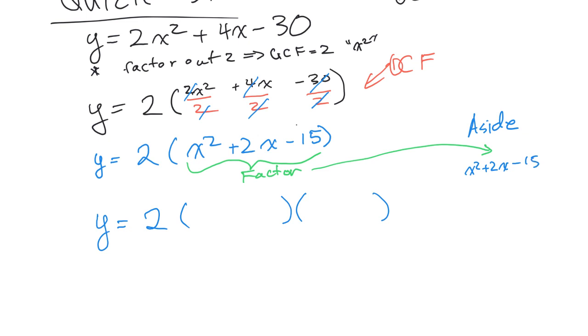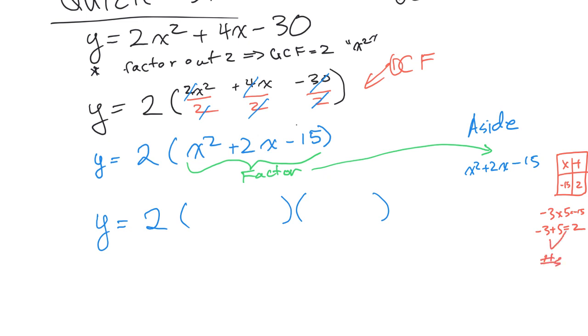And we're looking for 2 numbers that multiply to negative 15, but then add to 2. Those 2 numbers are negative 3 times 5, which gives us negative 15, and negative 3 plus 5, which gives us 2, which is what we want.